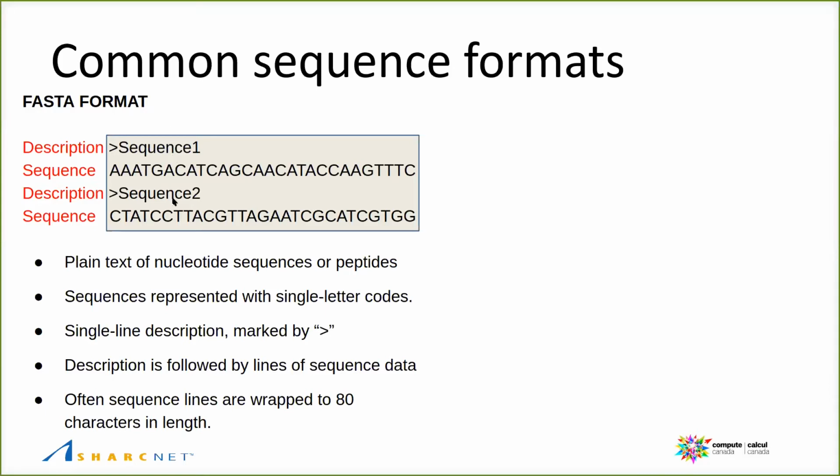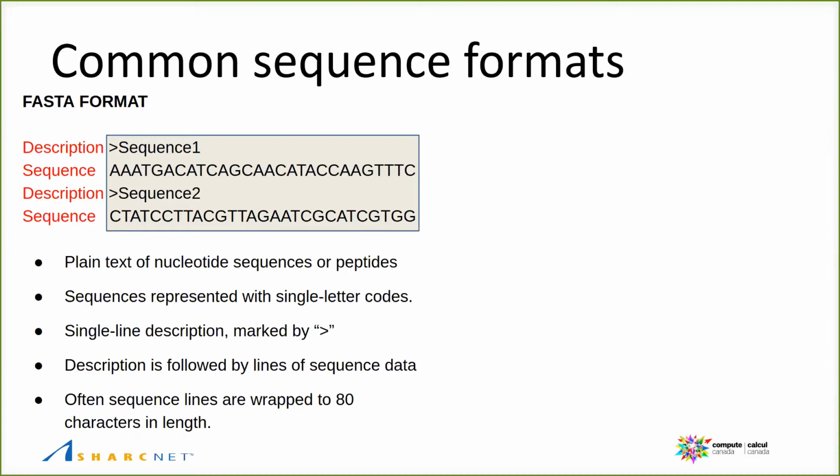Often when you see Fasta files, you're going to see multiple lines that are normally wrapped at 80 characters. That's just a convention. There is absolutely nothing preventing you from having a single line Fasta, and actually there are some programs that require single line Fasta.